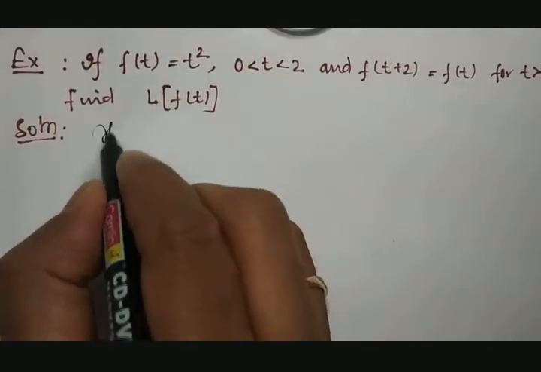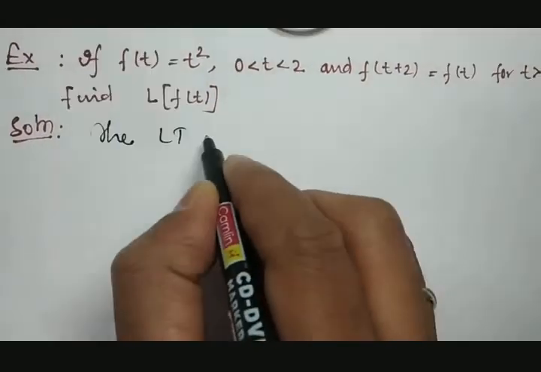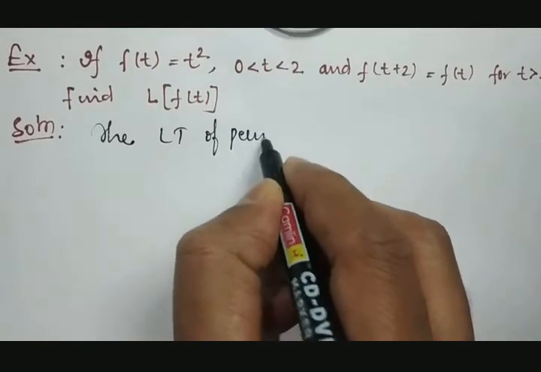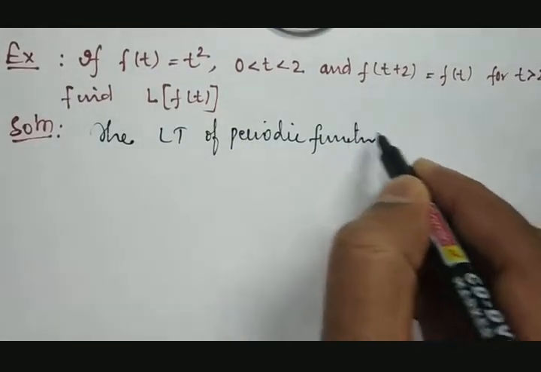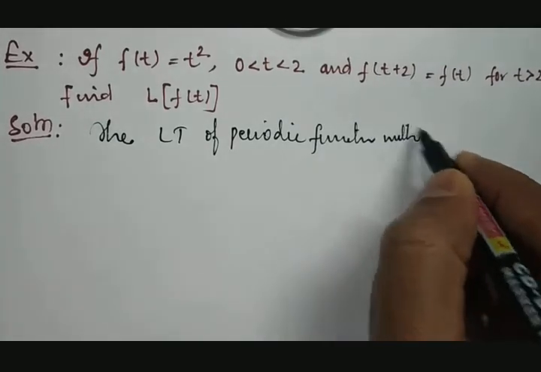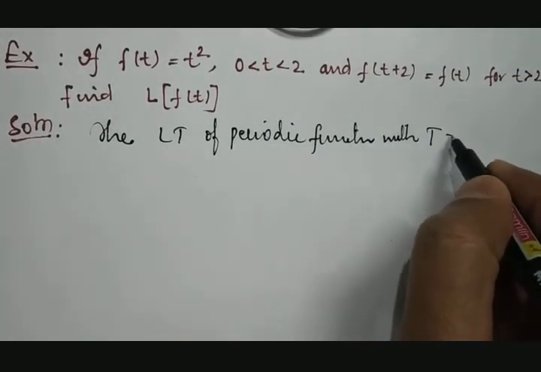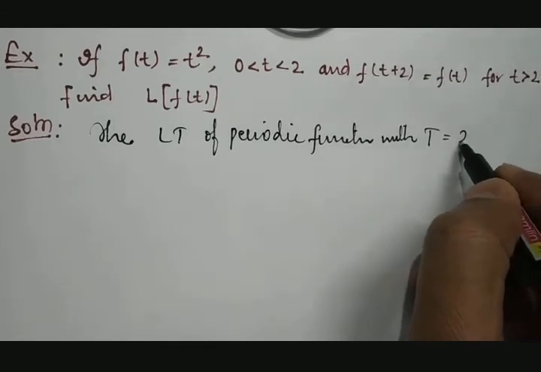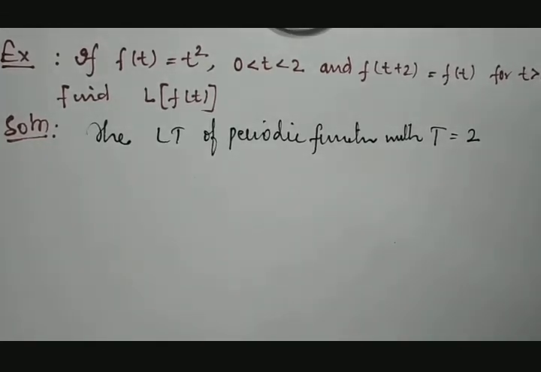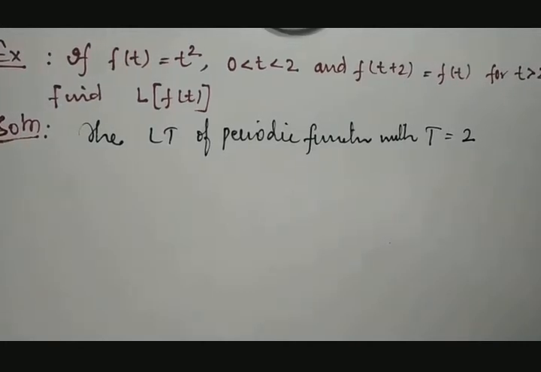Therefore, the Laplace transformation of a periodic function with period T, what is T here? T is equal to 2. It is given.